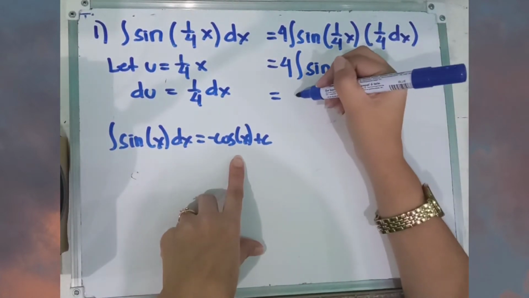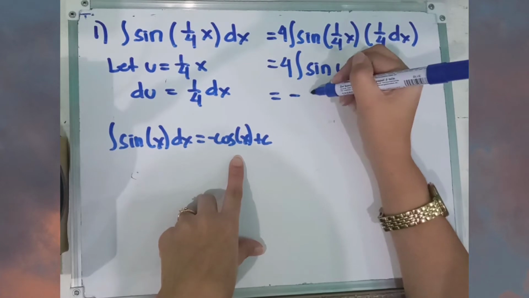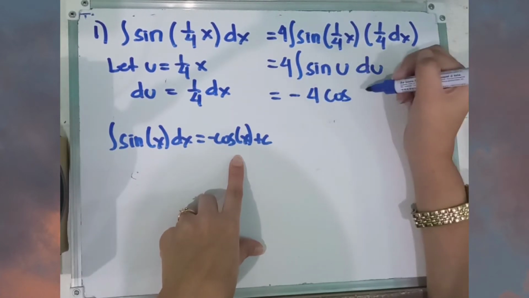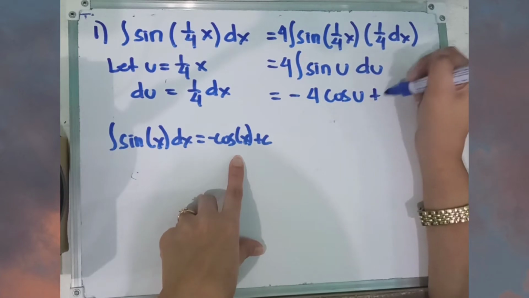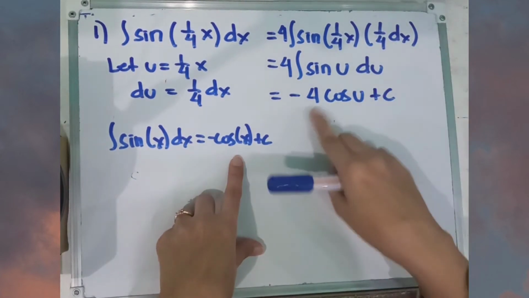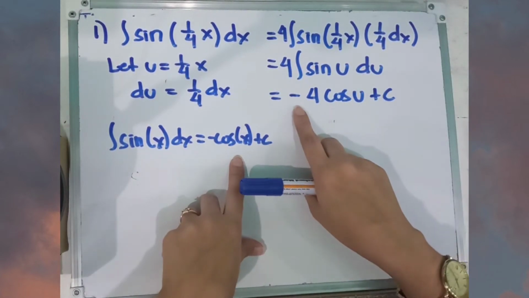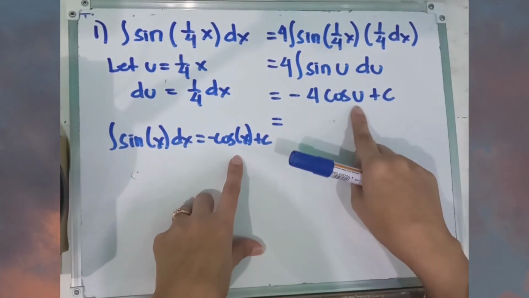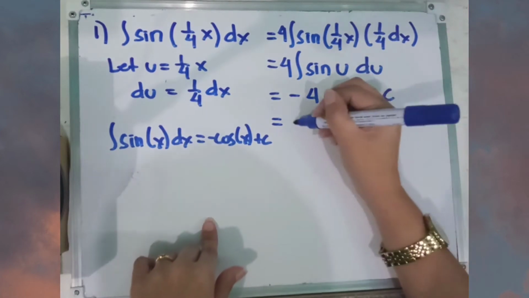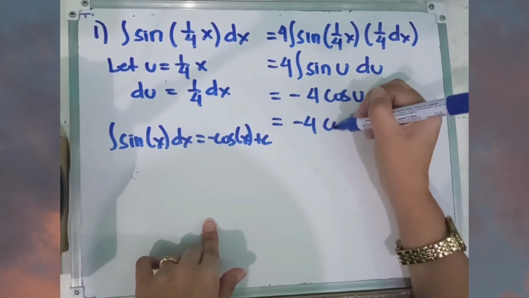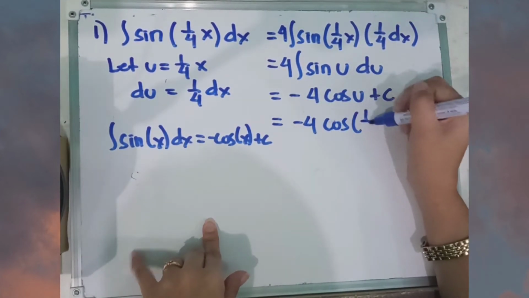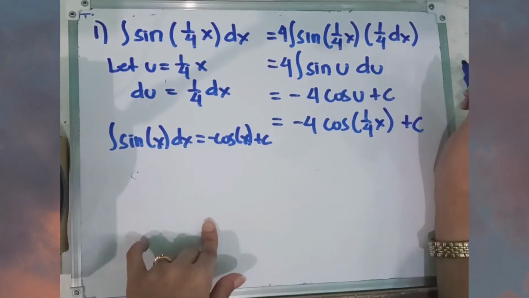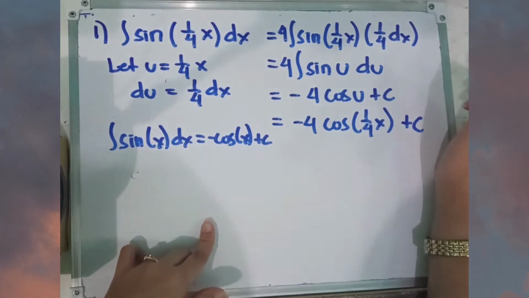So that will become negative 4 cosine u plus c. I put the negative symbol here in front. Going back to u, that's negative 4 cosine 1/4 x plus c. Very easy, right?